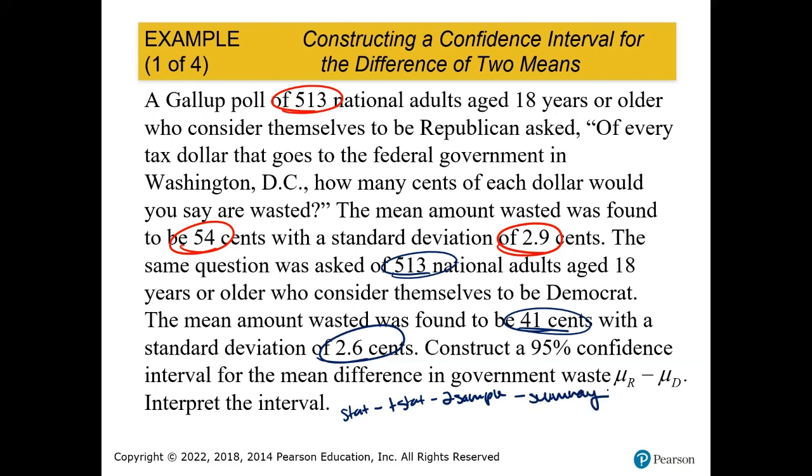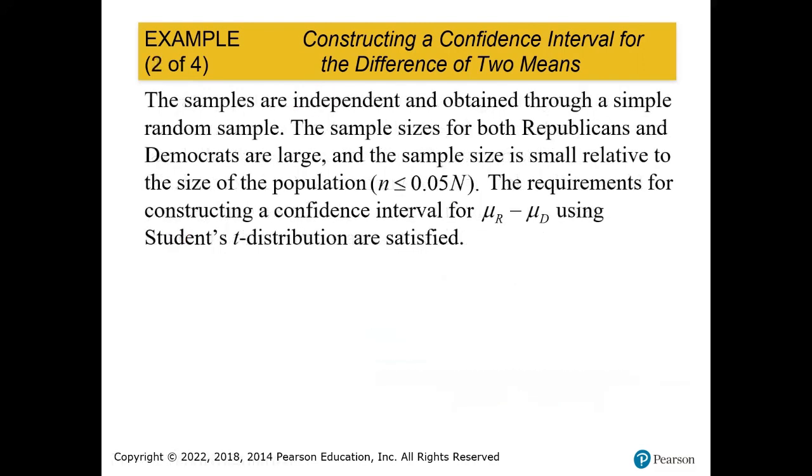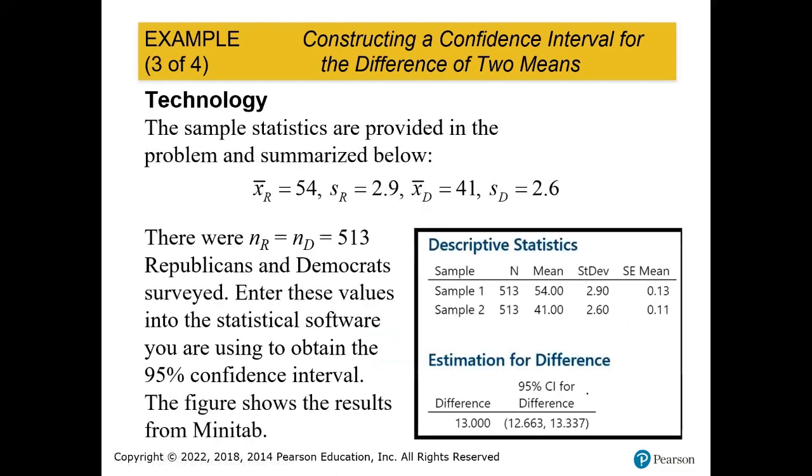And we will click a 95% confidence interval. We will end up with the confidence interval right here. So 12.663 to 13.337 after you enter all of your data in.